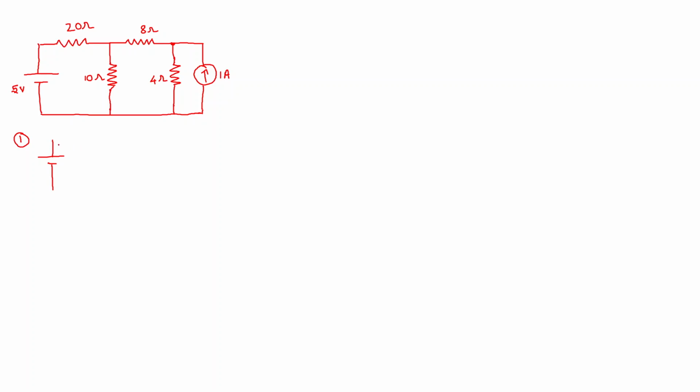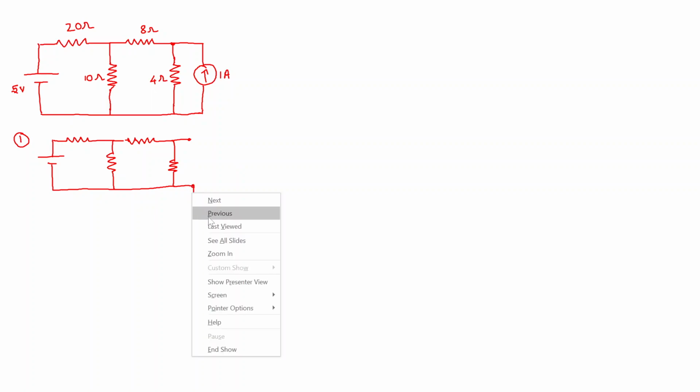The other source has to be removed from the circuit. A current source is generally removed by open circuiting it. If I open circuit it like this, I need not draw an extra projection; even if I draw it or don't, it is one and the same.